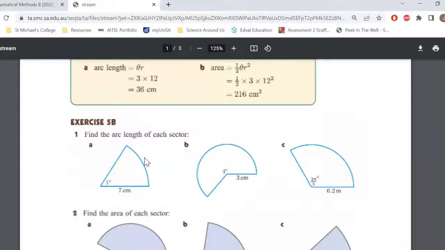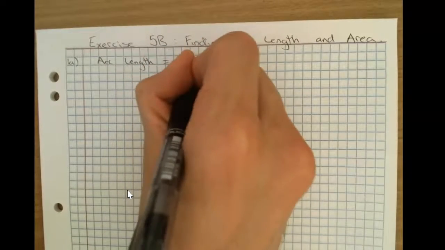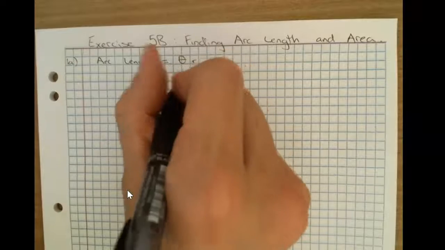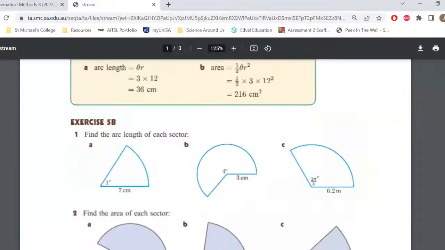And if we come back to this shape, we can see that we have 1 radian and our radius is 7. So it's simply going to be 1 radian times 7, which is 7 centimeters. Which makes sense because remember, 1 radian says that we can fit 1 radius around the arc length, so it makes sense that that is simply going to be 7.